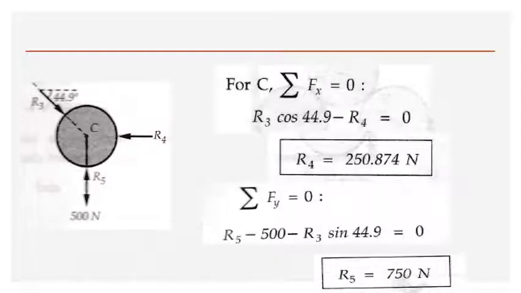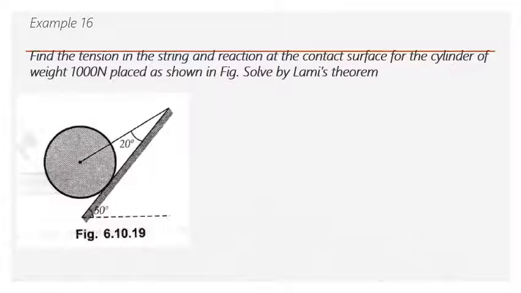You get R5 as 750 Newton. So yes, three spheres, but it is not at all difficult if you draw the free body diagram properly. Okay, so let's move on to the next problem.